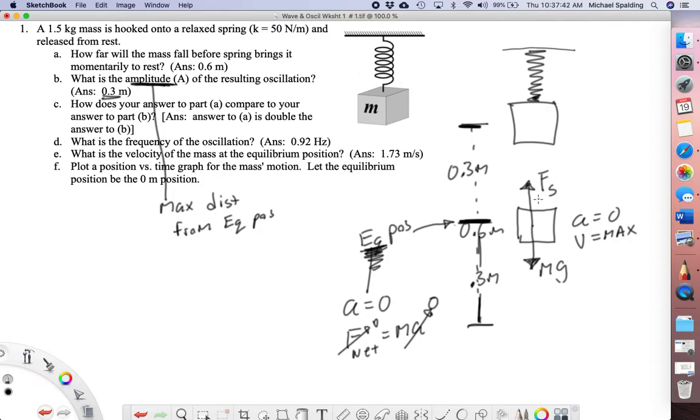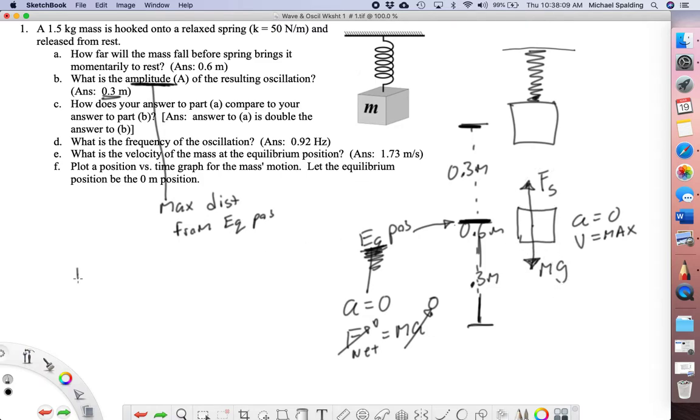And you should note, this force of spring is not constant. It changes as the mass moves. So for example, when the mass is down here, it's going to be a much greater force of spring because the spring has been stretched farther. But right here at this midpoint, this force and this force are perfectly equal, which is why we call it the equilibrium. The net force is 0.